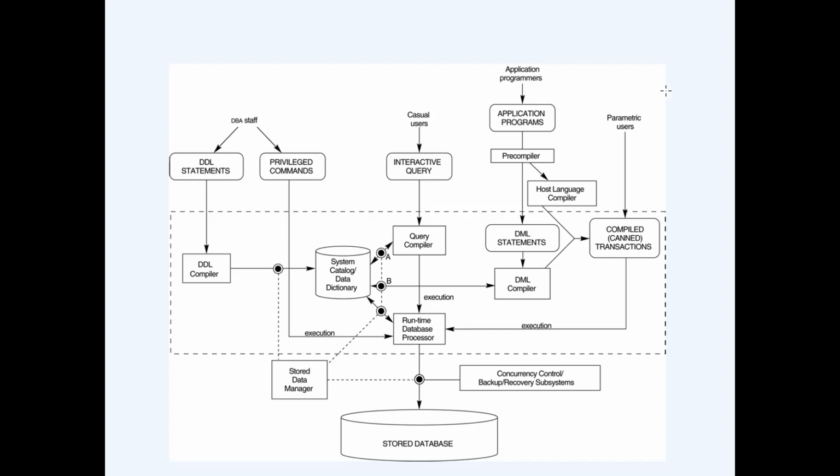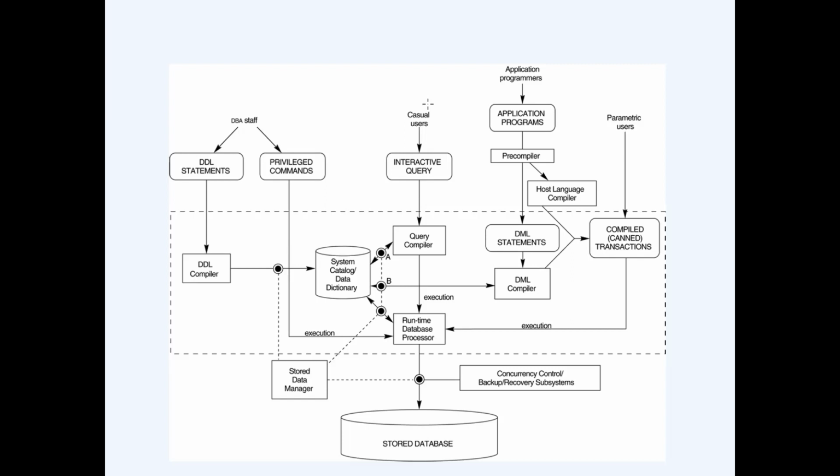But if you look at developers, usually they will have some application programs, or you might also use compilers to access the data. Then casual users such as managers can interactively write simple queries and get the data out.